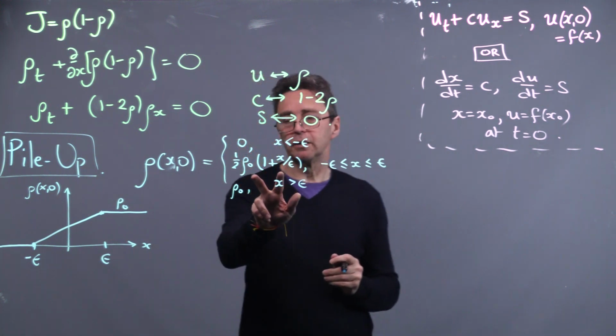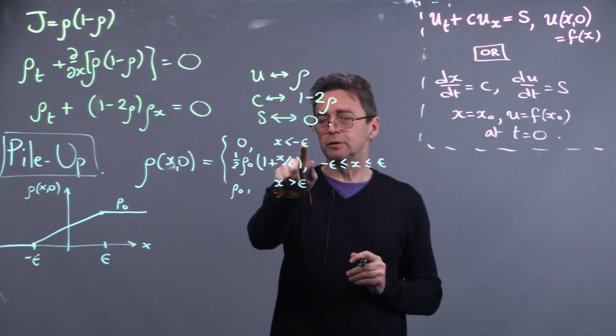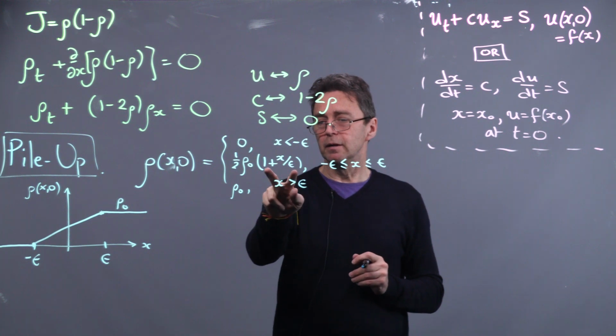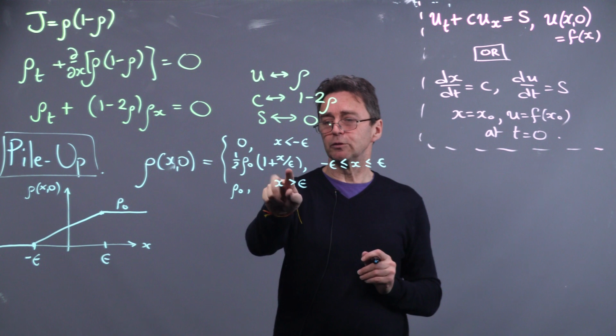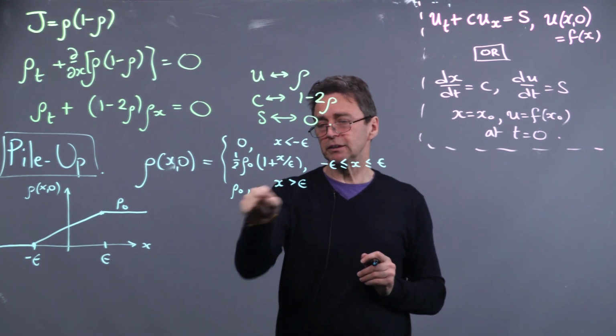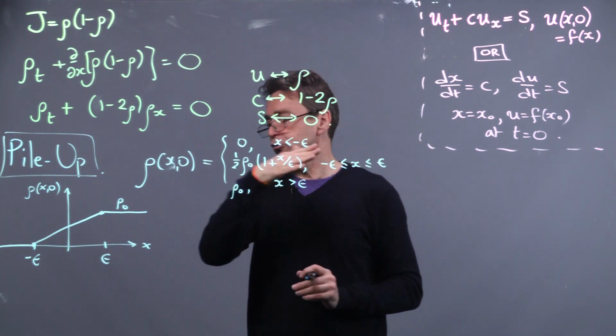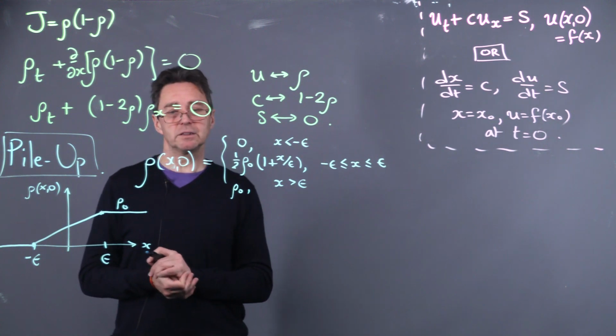Okay, let's just double check that it works, right? So when x is equal to minus epsilon, then this becomes 0, matches up to that. And when x is equal to epsilon, that becomes 2, so it matches up to that. It's a straight line. Okay, so that's our initial condition.